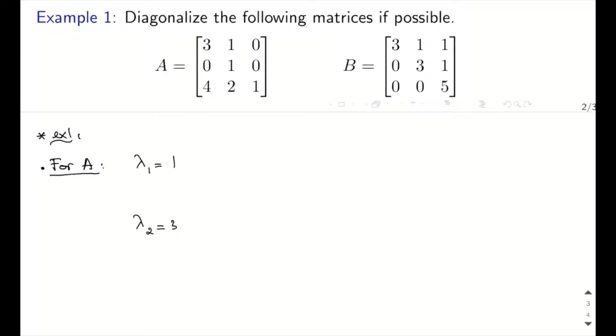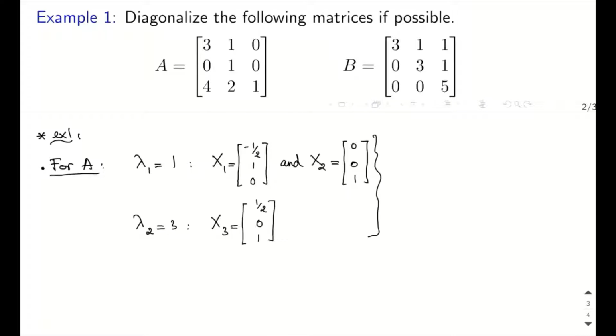For lambda 1 being 1, we were able to obtain two independent vectors that form a basis for the lambda 1 eigenspace: x1, negative 1/2, 1 and 0, and x2, 0, 0, 1.